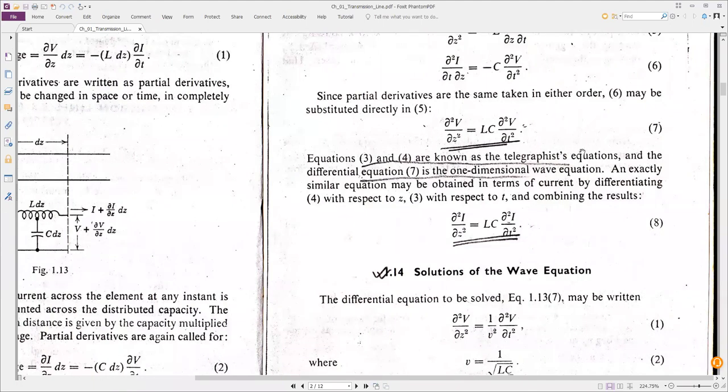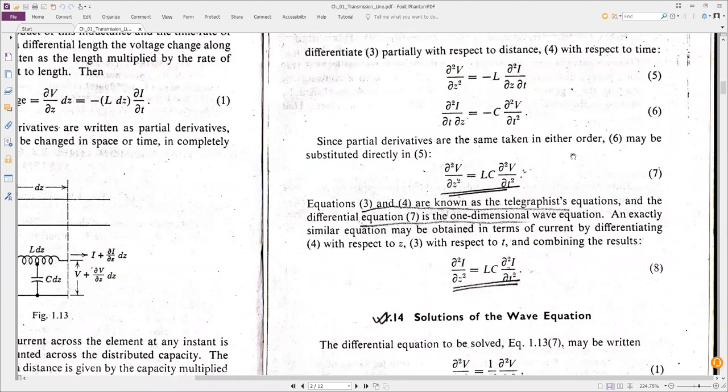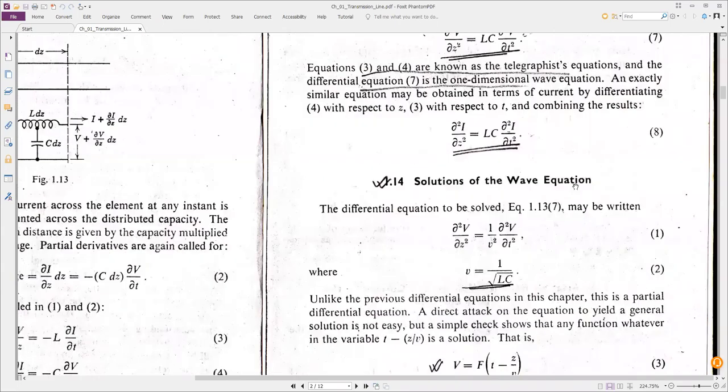So 7 and 8, these equations are known as the one-dimensional wave equations.